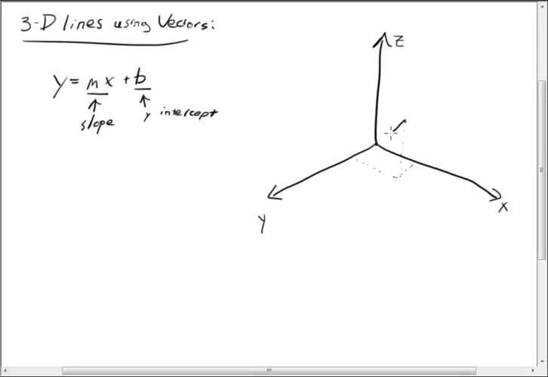Call this vector v, and then we can define a line to be parallel to v, but intercepting another axis or intersecting a point somewhere.